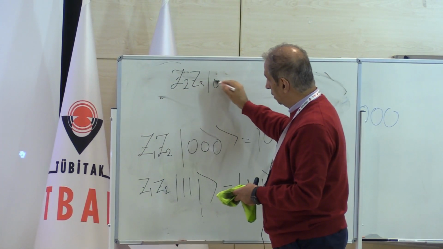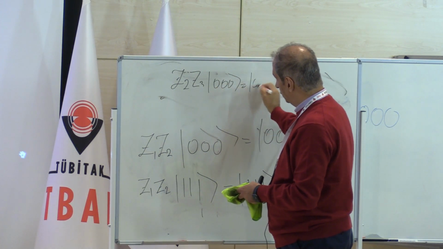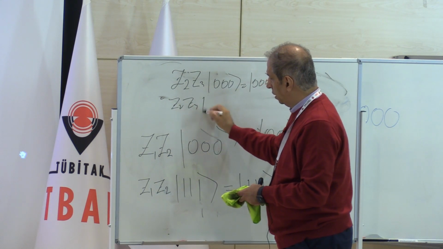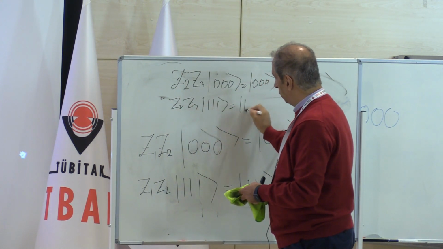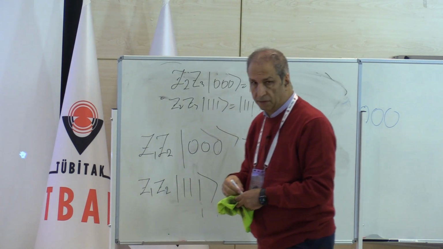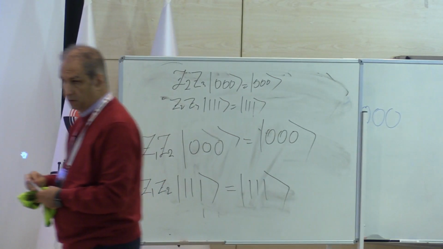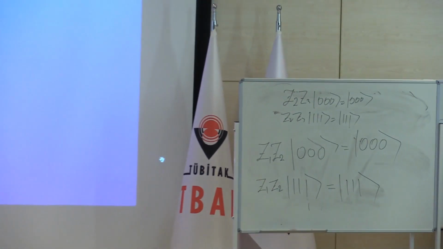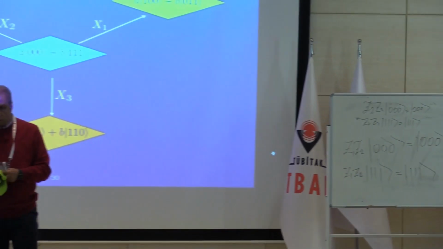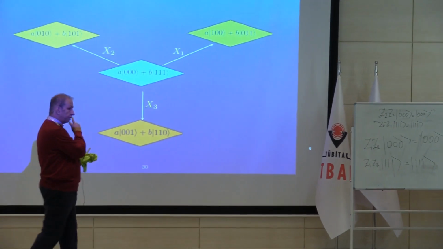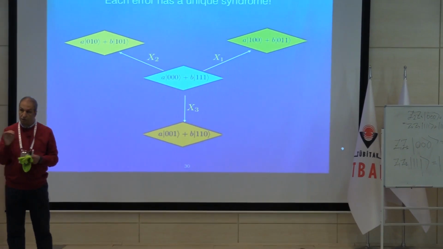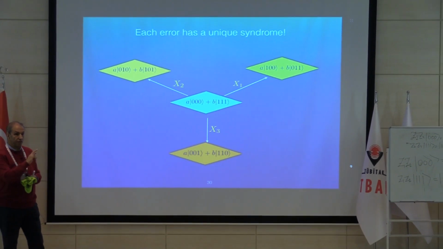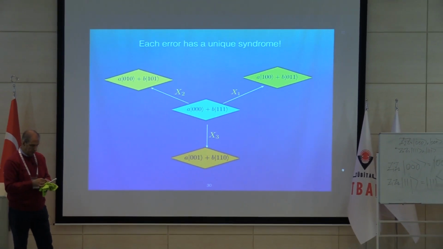Z2 Z3 on this state again gives 0,0,0, and 1,1,1 is again 1,1,1. One symptom, Z1 Z2, determines whether the first 2 qubits are the same or not. Z2 Z3 determines whether the second pair are the same or not. So by these 2 kinds of measurements, which do not destroy the superposition, which do not collapse the state, you can determine in which space you are. Let's see how.